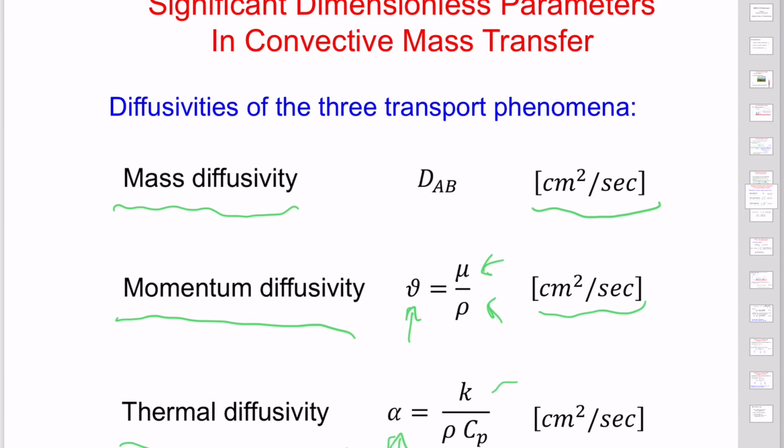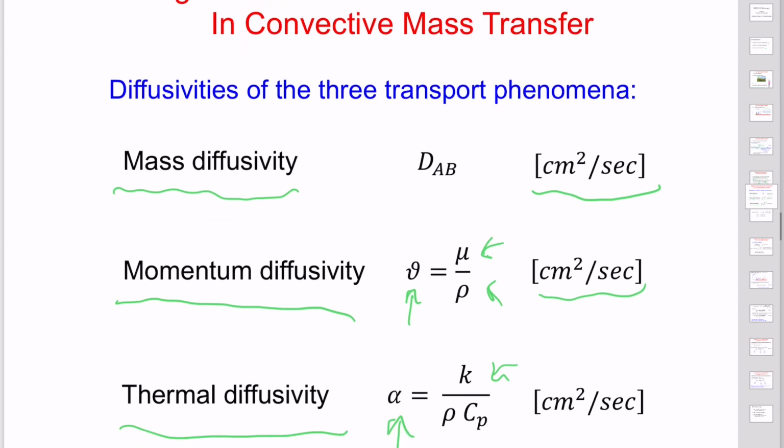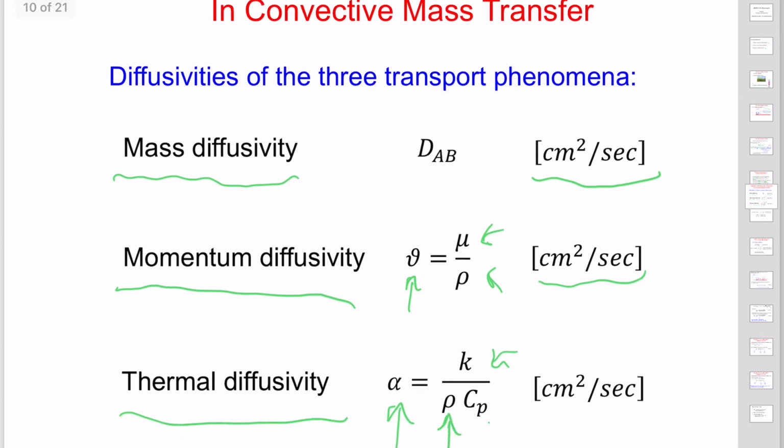It's the conductivity divided by the density and the specific heat. We'll be talking about the thermal diffusivity in class when we get to heat transfer. Right now we're just going to be considering these, but I just wanted to show you how there's a symmetry between mass transfer, momentum transfer or fluid flow, and heat transfer.